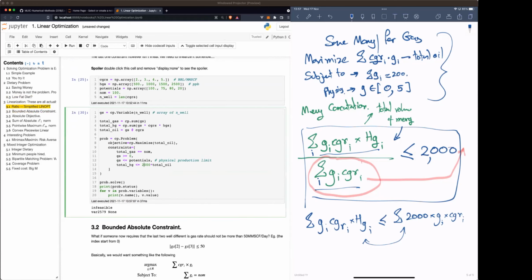Infeasible means something is conflicting. Let me remove this guy first to see.